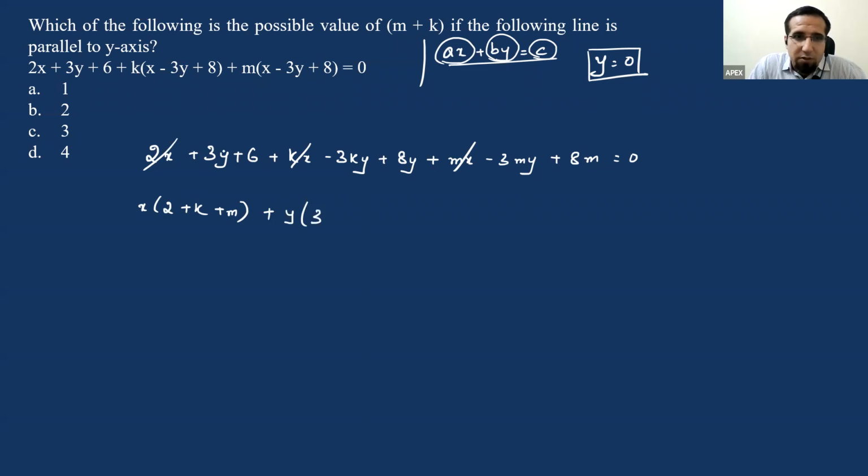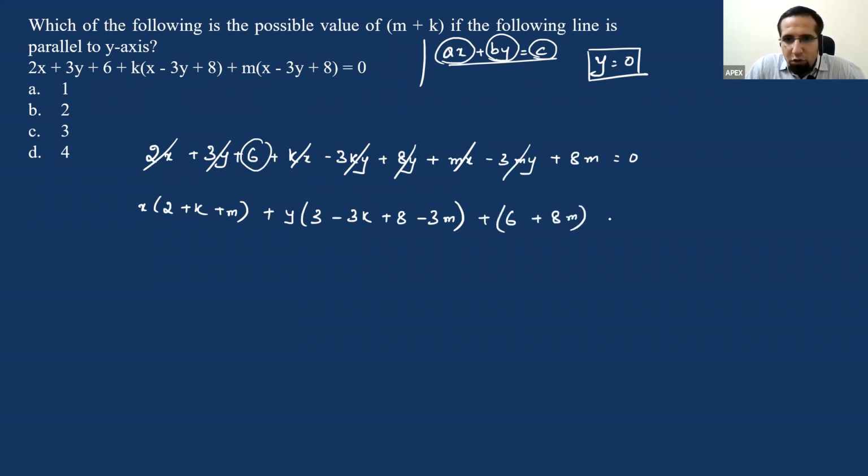If I take y common, this is 3 minus 3k, clear? Plus 8, and then you have a minus 3m. And finally, the format of the equation will be plus 6, plus 8m, which is equal to 0.